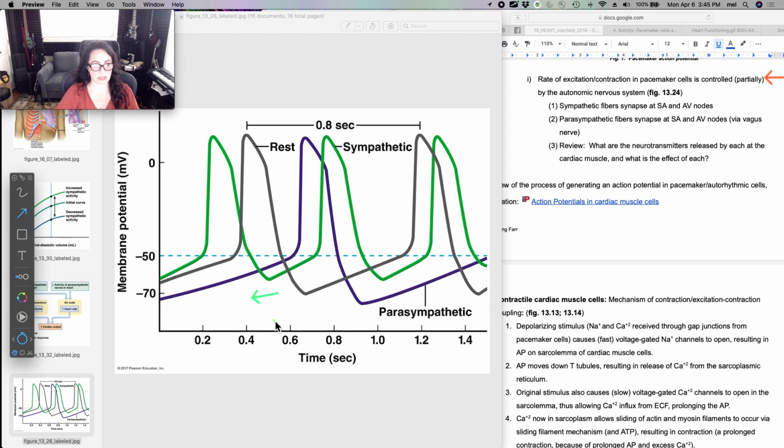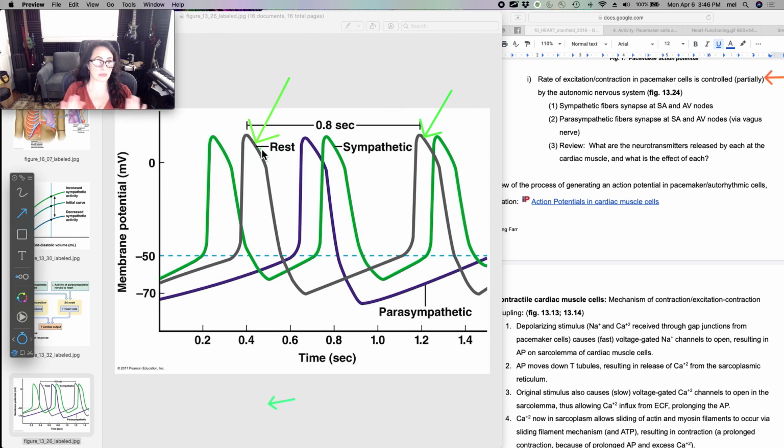Okay, let's get rid of this. I'm going to use one that's a different color. All right, so this one right here is what the SA node does without nervous system stimulation. It hits an action potential, it repolarizes, it hits an action potential, it repolarizes.